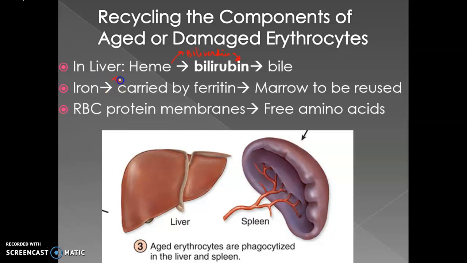So there is a protein called transferrin, and this protein carries the iron to the liver, and in the liver, the iron is stored in another protein called ferritin.